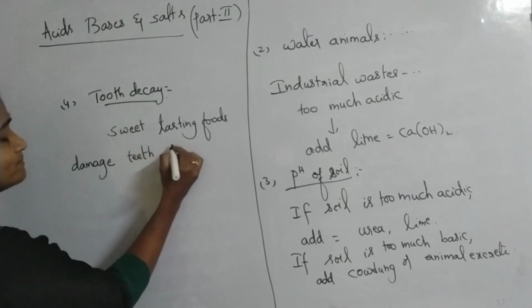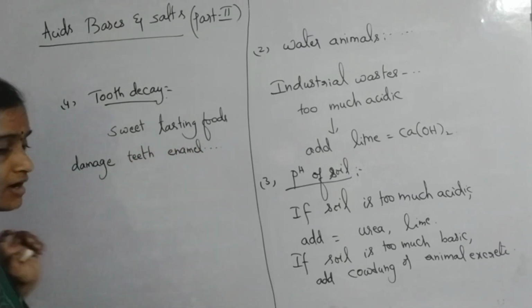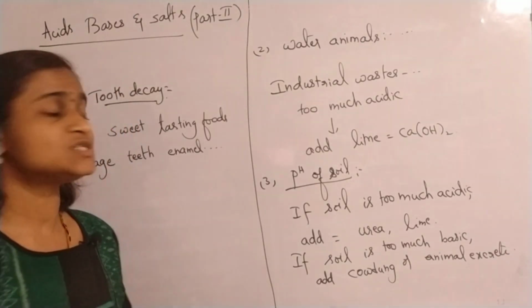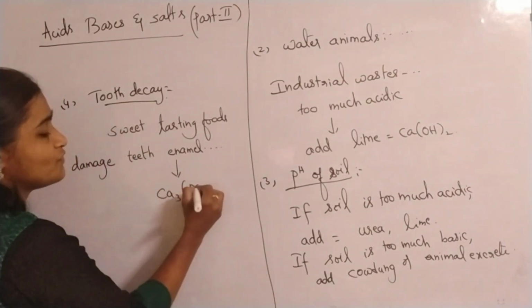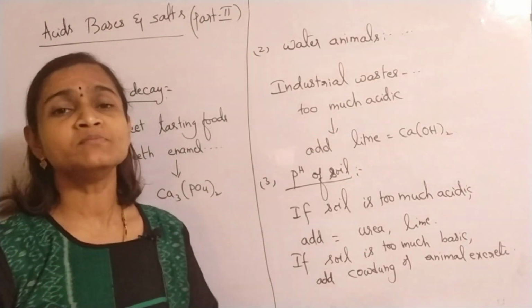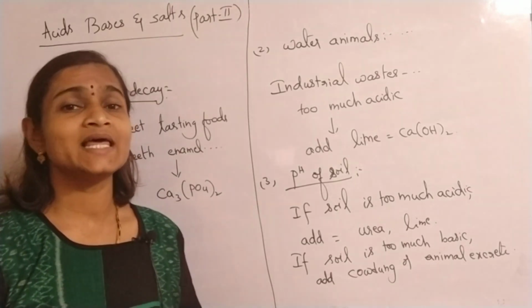It is the white coating on our teeth. Teeth enamel consists of calcium phosphate, Ca3(PO4)2. This calcium phosphate starts to decompose when we are eating sweet tasting foods. Why does it happen like that?